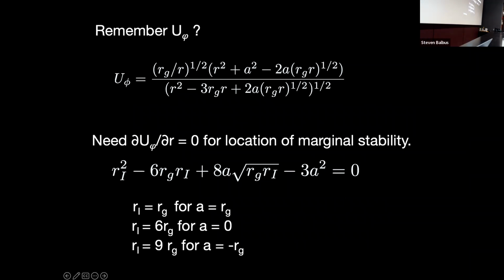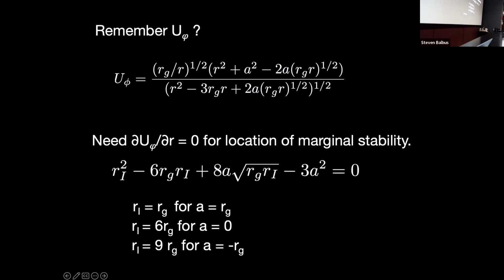So there is this complicated U-phi, not just for Schwarzschild, but for any kind of a Kerr metric. And if you want to ask when is that a decreasing function and when is that an increasing function of R, then you have to differentiate it with respect to R, set it equal to 0. And it's not a particularly exciting calculation, but you wind up with an equation for R_ISCO, the innermost stable circular orbit, as a function of a and the gravitational radius.